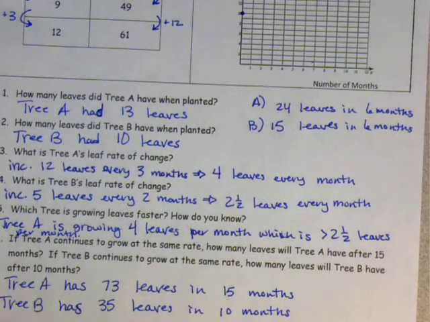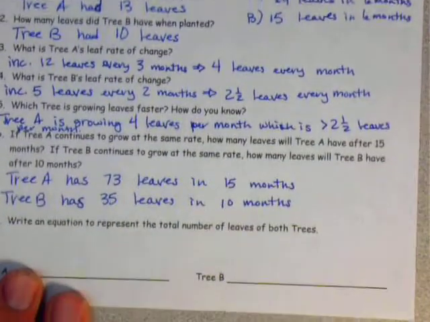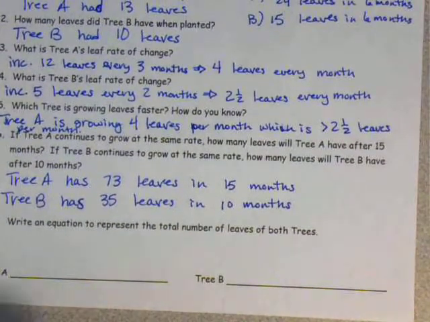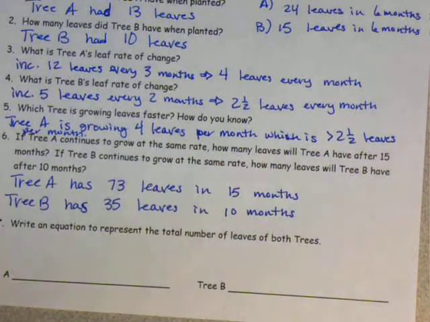All right, the equation here is some input times our rate of change. So our rate of change is 4 leaves every month, or 12 leaves every 3 months. So if we choose the 12, we have to divide it by 3.